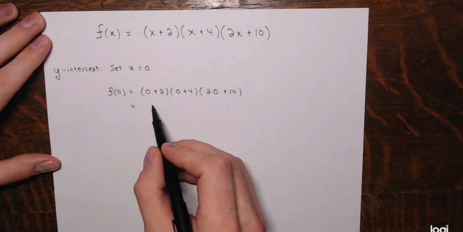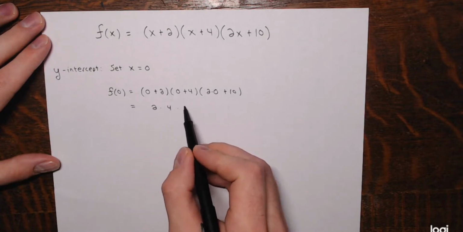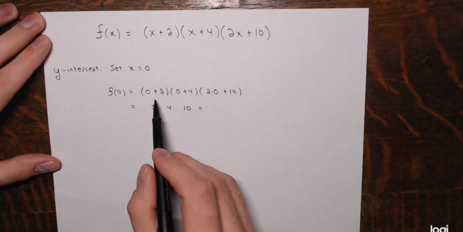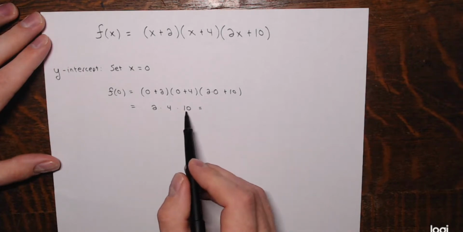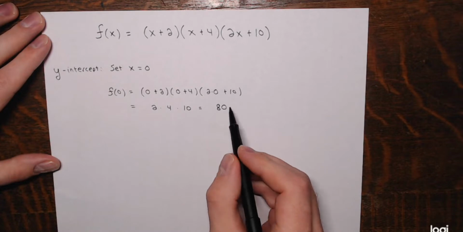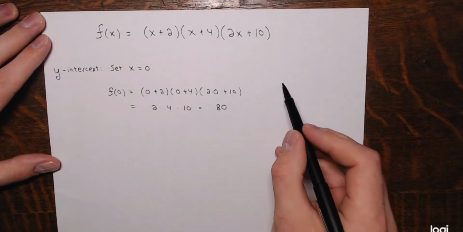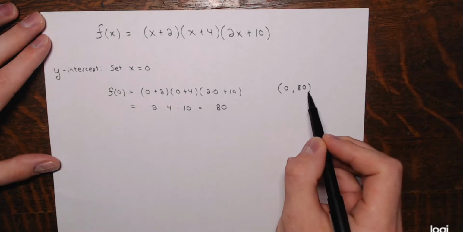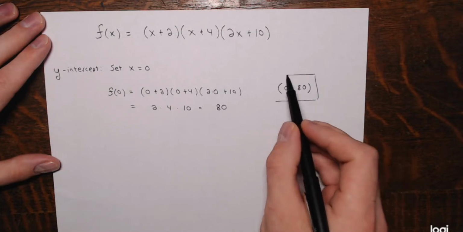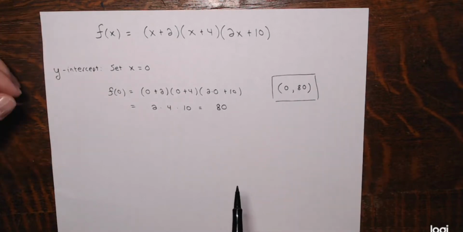And we end up with just 2 times 4 times 10. Right, 2 times 4, and this would be 10. And that's 80. Input 0, output 80. So the point 0, comma 80 is what they're looking for, the y-intercept.